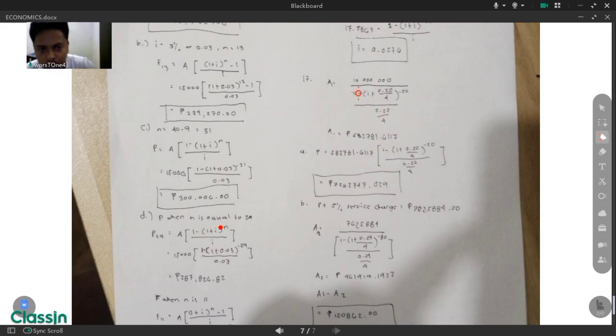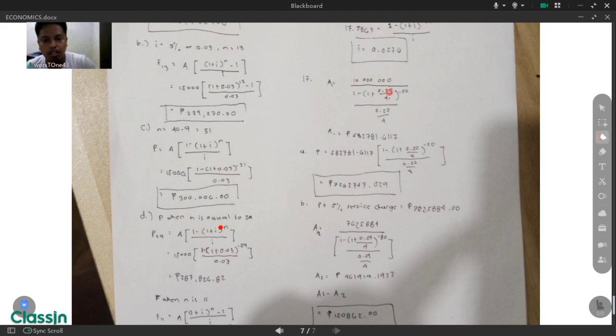This is the right side term of the annuity formula, and finding P, P equals A times 1 minus (1 plus i) to the power of negative n, over i.